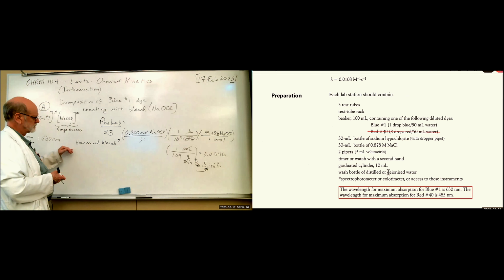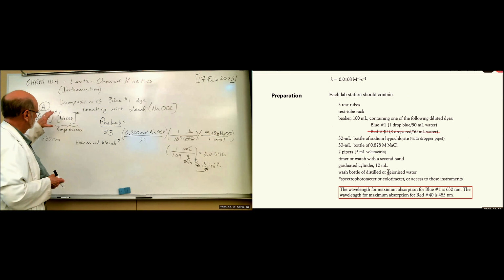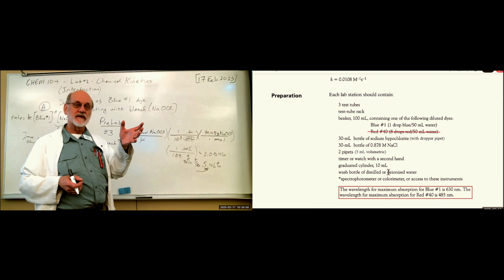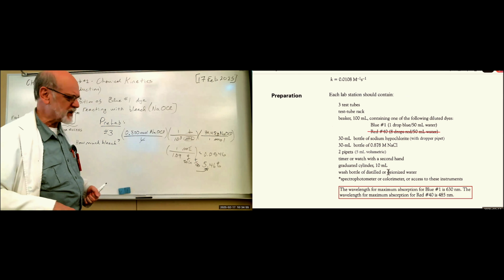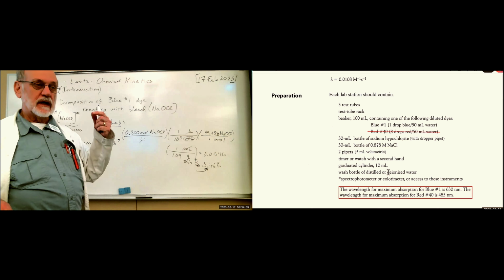I think it's 2 minutes. And then that becomes the amount of your full strength sodium hypochlorite. And then we take half that number of drops for the half strength. Okay. So that's the first step. You got to determine that.